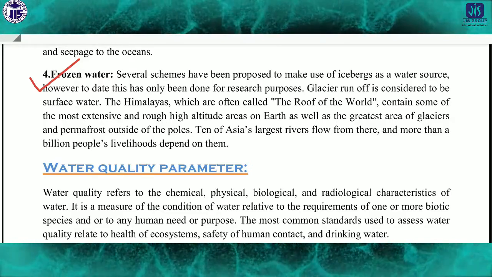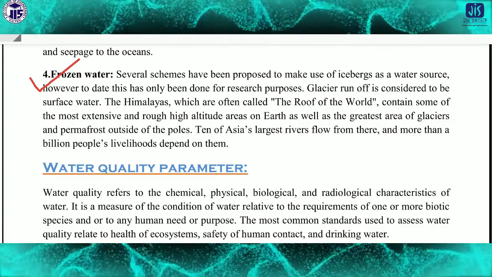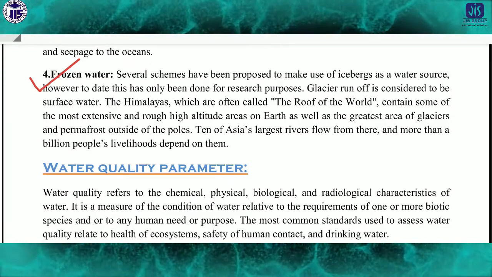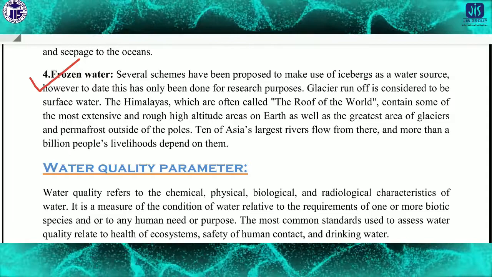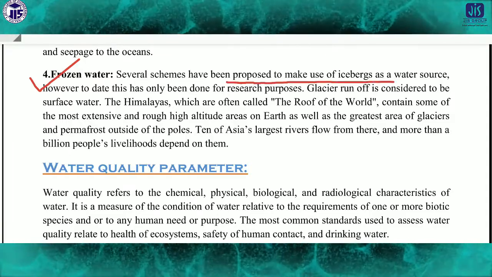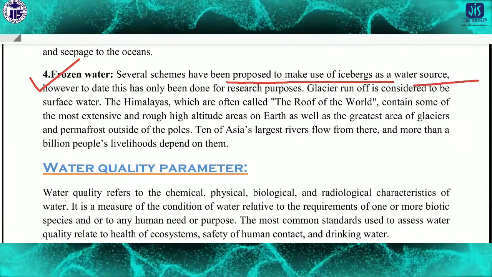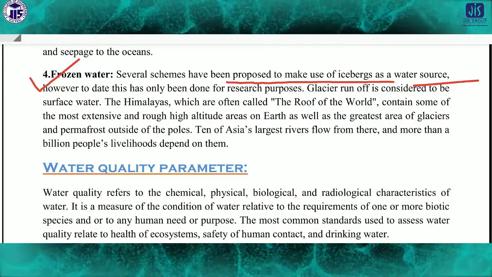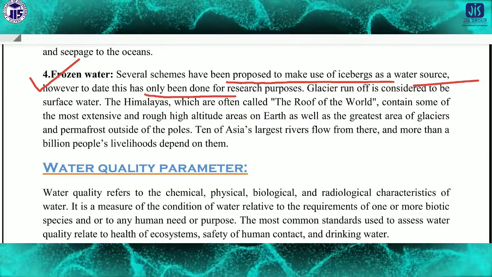This water is not polluted. That's why there are several proposals to make use of icebergs as a water source. However, to date, this has only been done for research purposes.